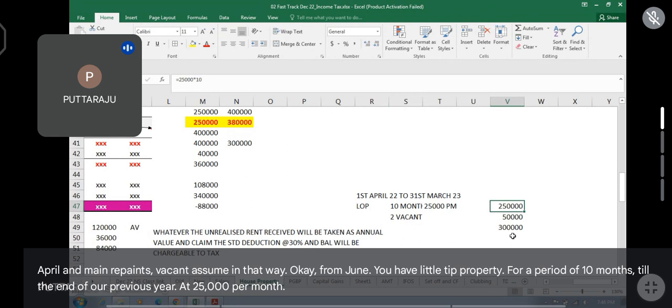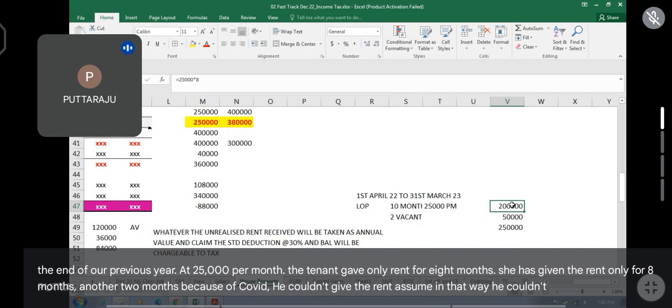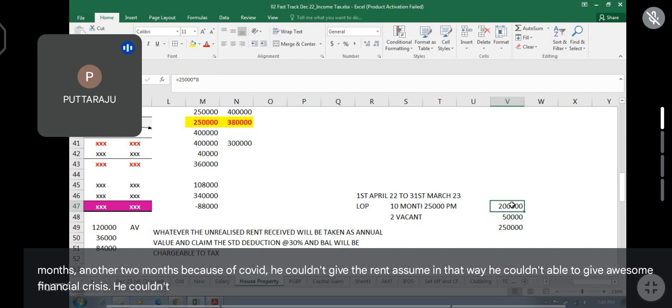The tenant gave rent for only 8 months. Another 2 months, because of COVID or some financial crisis, he couldn't pay the rent.